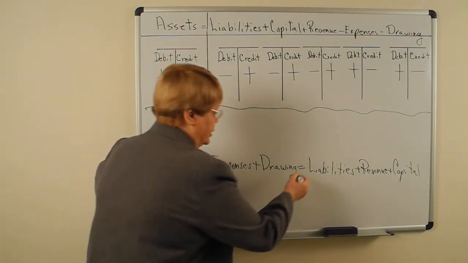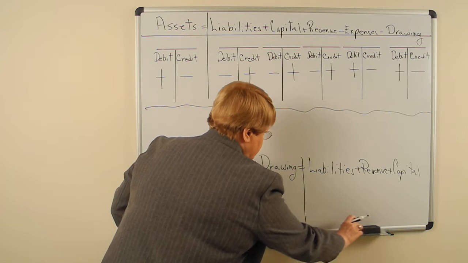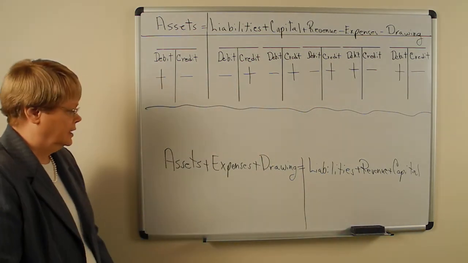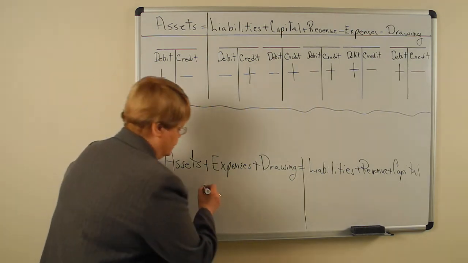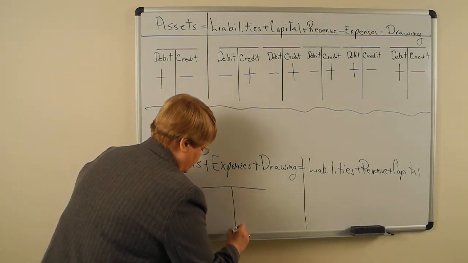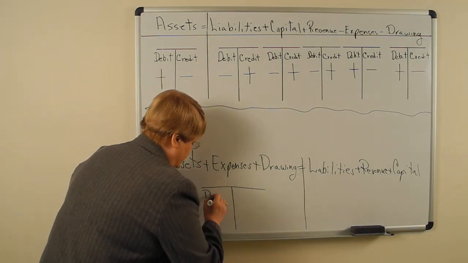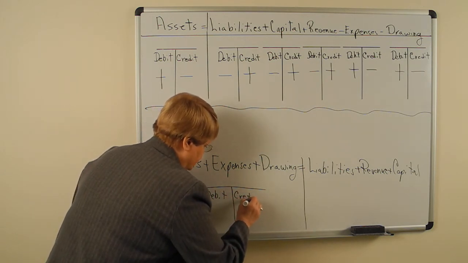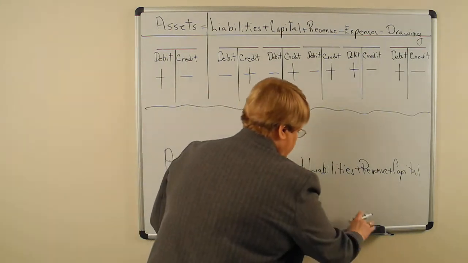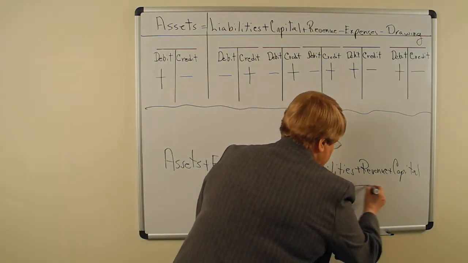Alright, I'm going to draw a line here to show the two sides of the equation, and I'm going to go ahead and draw in my T accounts, and we know that the left side of the T account is a debit, the right side is a credit. That's going to be true on both sides of the equation.